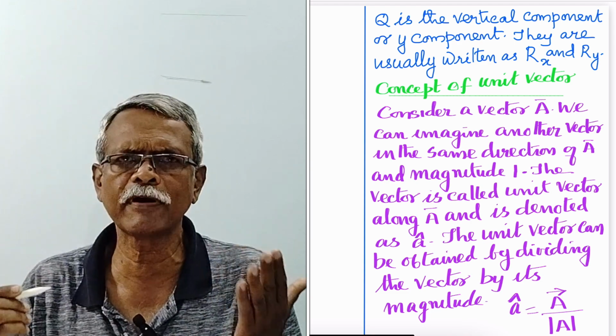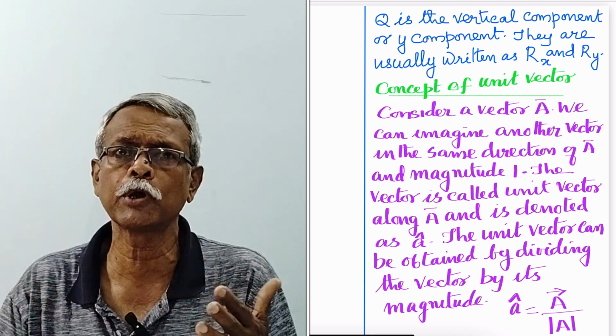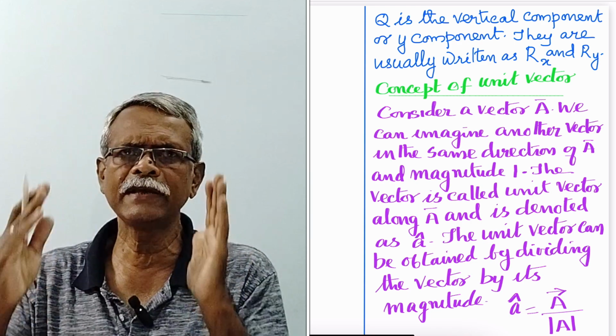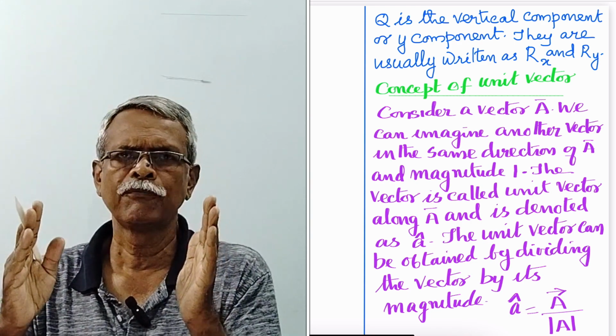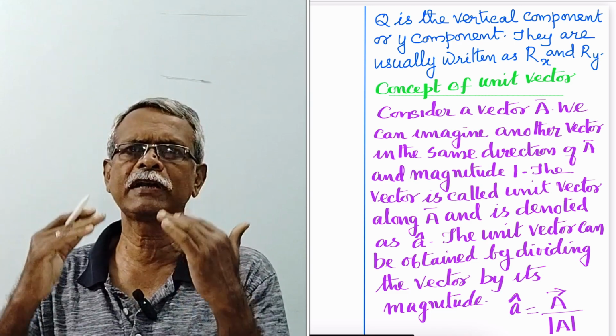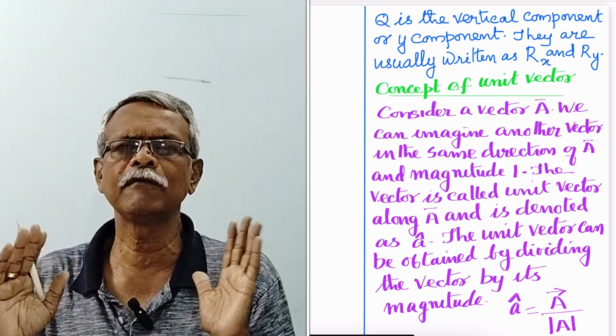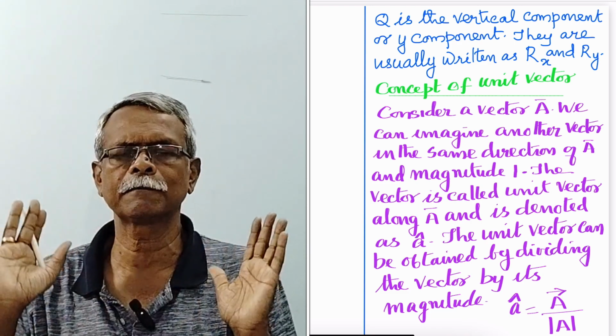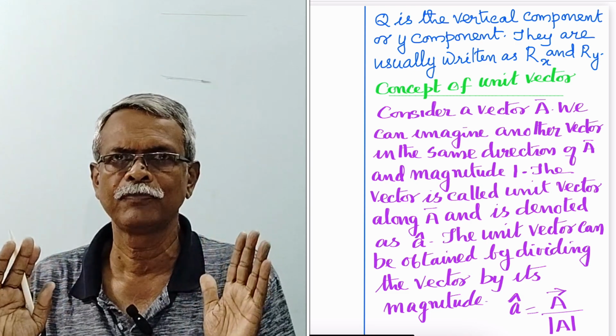How the magnitude of a vector is to be determined, we will see subsequently. We take some vector, find its magnitude, that will be a number, divide the vector by that number. That will give me the unit vector. So that is the procedure.